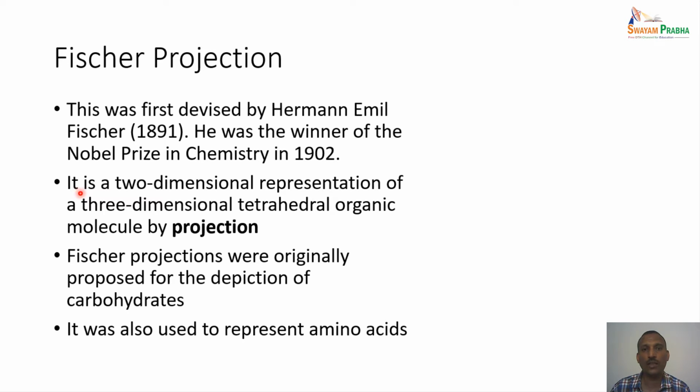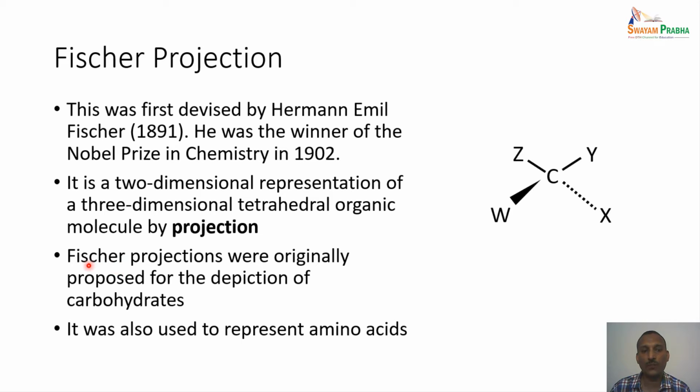This is nothing but the two-dimensional representation of a three-dimensional tetrahedral organic molecule by projection. If you look at a molecule like this, this is a three-dimensional representation, and he wanted to put it in a two-dimensional way. That is how he was thinking, and he made this Fischer projection.